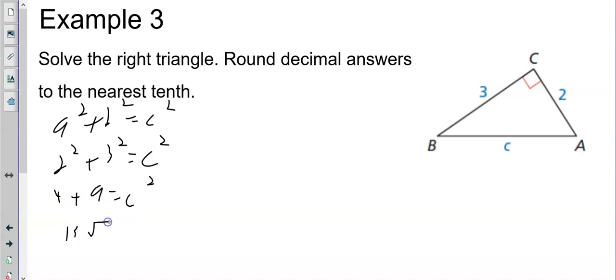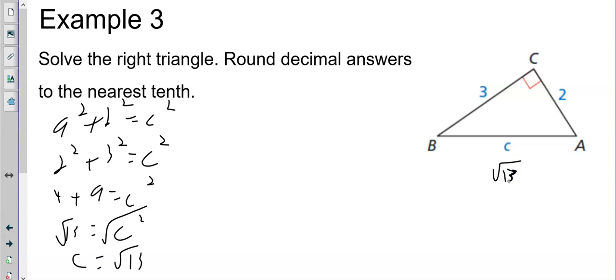That's 13. Sorry, got ahead of myself. Equals c squared. We're going to square root both sides. So c is equal to the square root of 13. We're going to leave it like that. We're not going to round it.